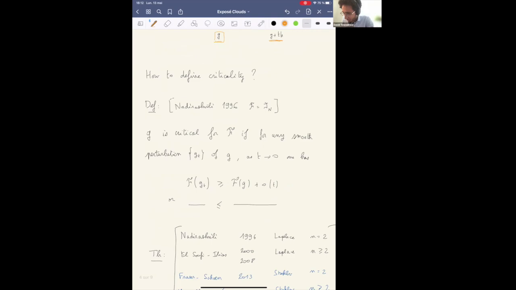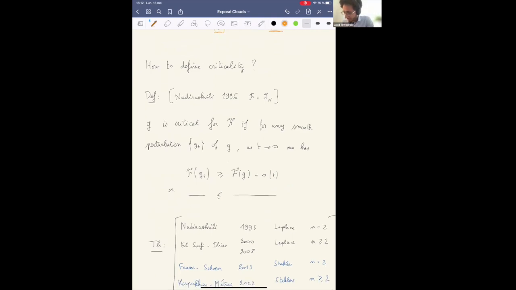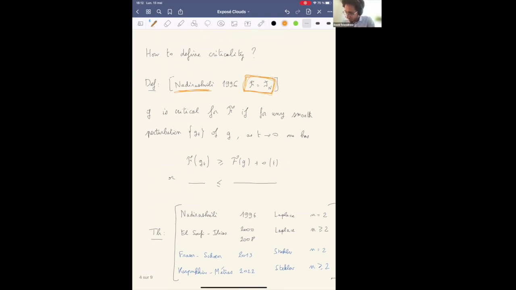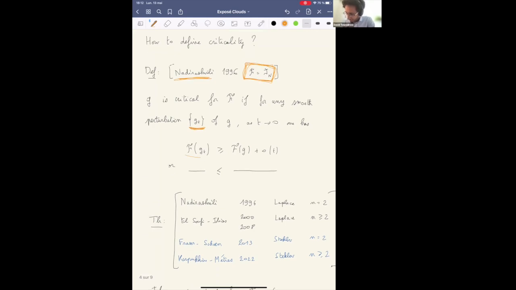One possibility, the classical one, was given by Nadirashvili in 1996, in the case of a single rescaled eigenvalue, so the functional is just one Laplace eigenvalue. g is critical if anytime we perturb g in a smooth way, g_t, then as t goes to 0, we either have f of g_t that is higher than f of g plus some small o of t, or the opposite.